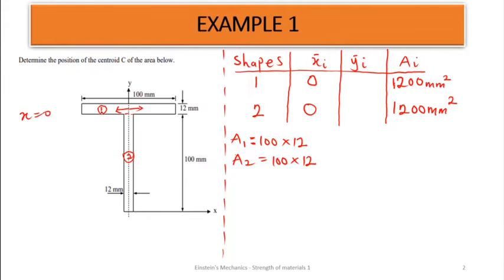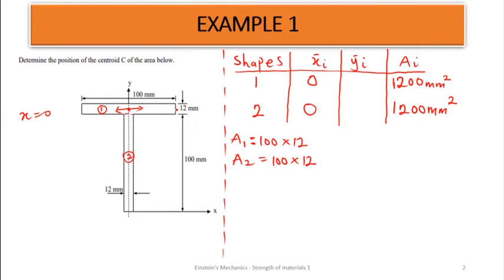So the y component for shape 1, how do I get to the midpoint of this? It is a 12 rectangle, so I have to go half of it to locate the midpoint. I will move all the way from the axis up and get half of the 12, which is 6. Is that good?